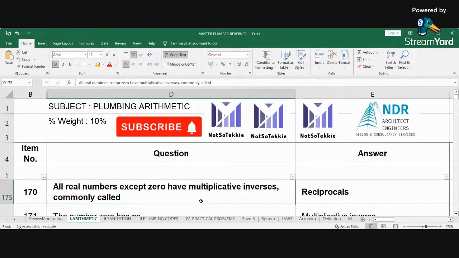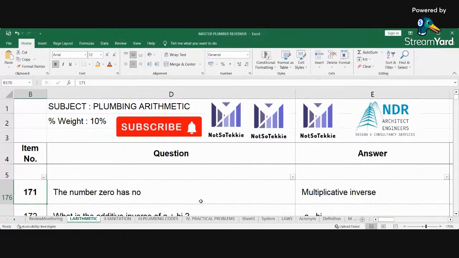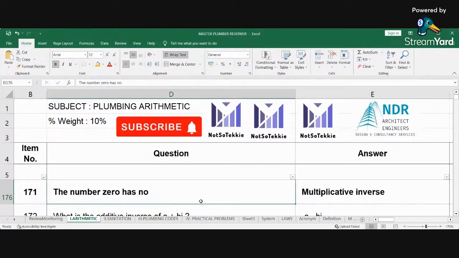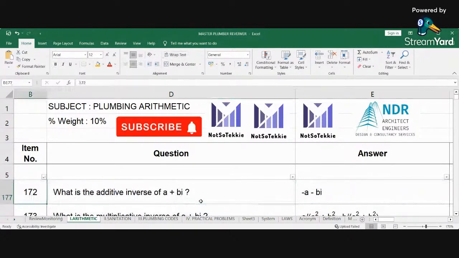All real numbers except 0 have multiplicative inverses, commonly called reciprocals. 171. The number 0 has no multiplicative inverse. 172.